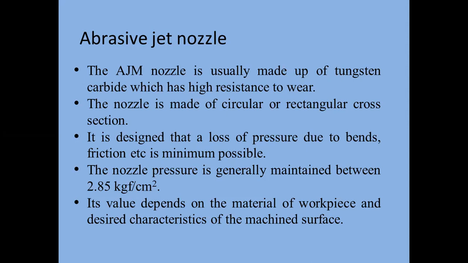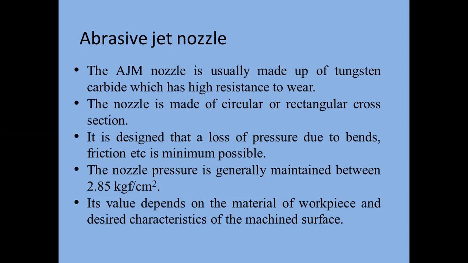The design of the nozzle or pipes should be such that whenever the abrasive mixture flows, it maintains the pressure given from the pressure controller until it enters the nozzle. Only then can the required velocity be imparted to the mixture.